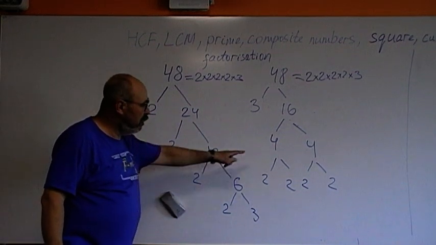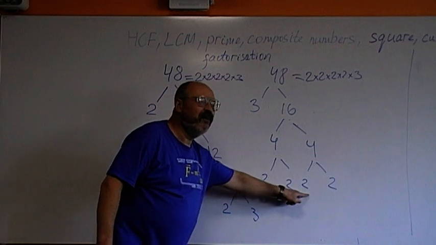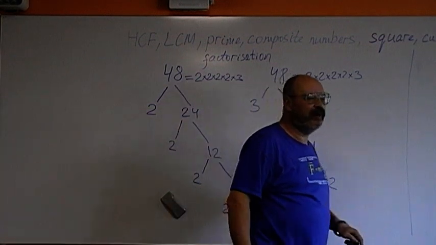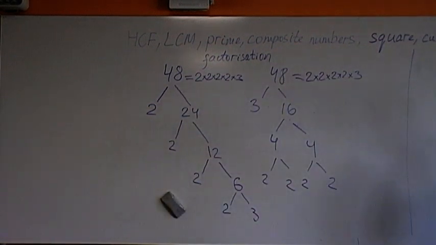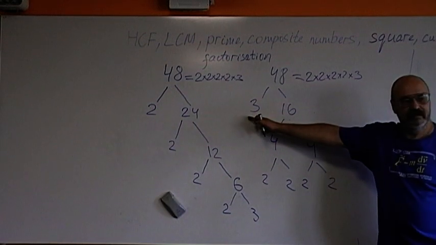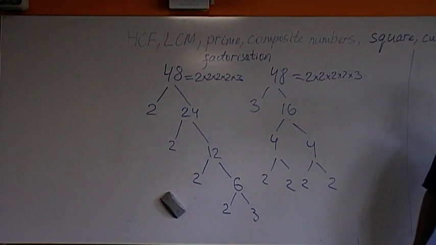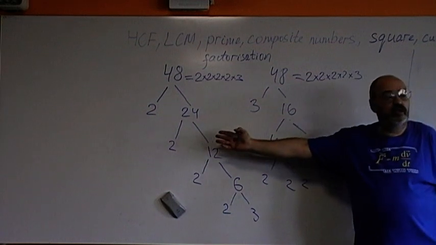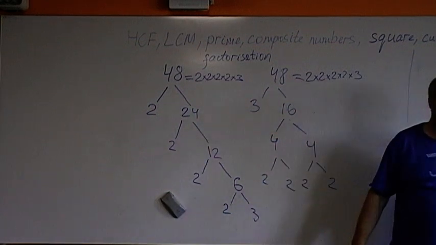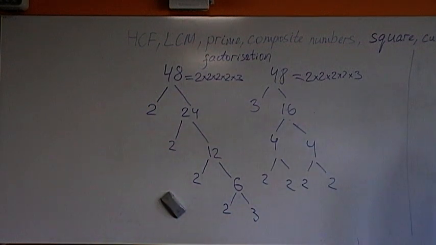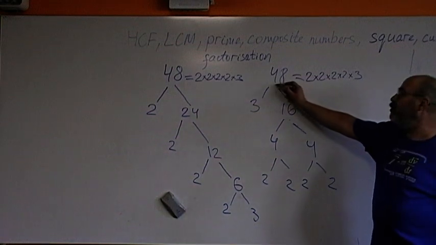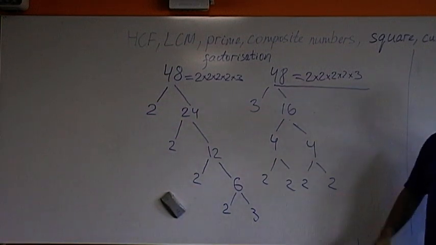We stop when we get to a prime number. Wait, why is there a 3 for that one? You just stop when you get to a prime. 3 is a prime. Oh, because there's a 3 at the end, oh yeah. Okay, we can do both then. It's just two ways of doing the same thing. And that's called a factor tree, and in this way we did prime factorization.